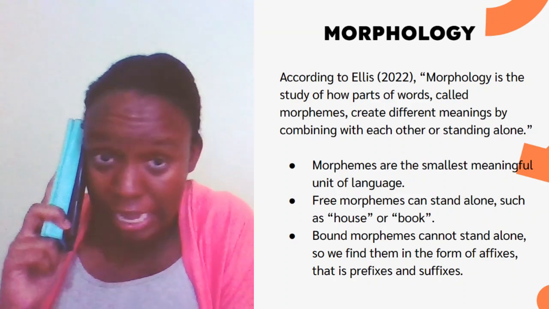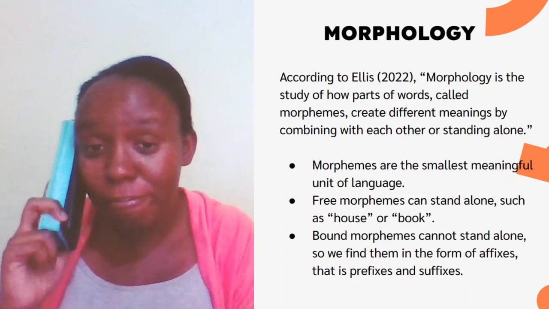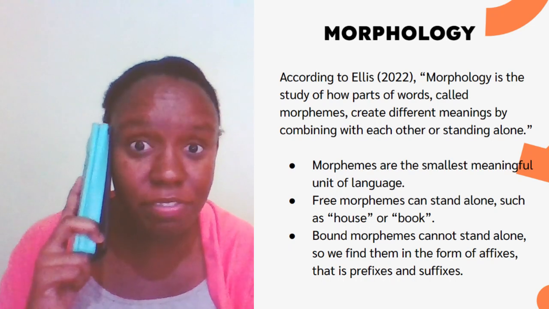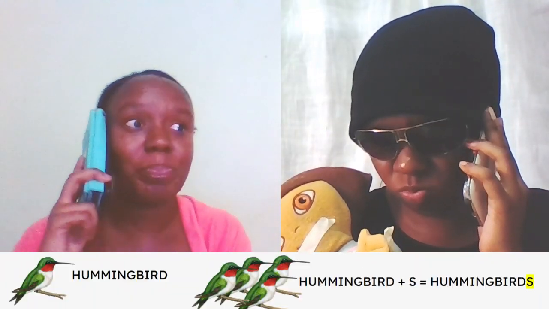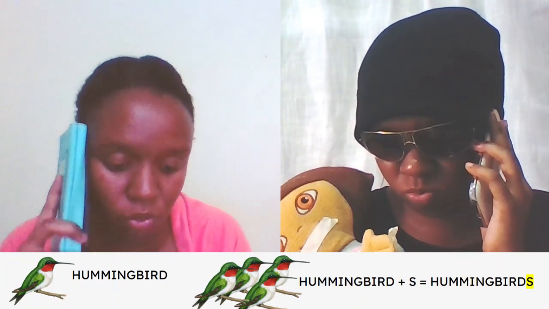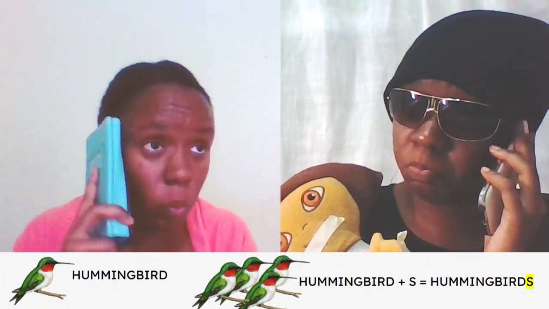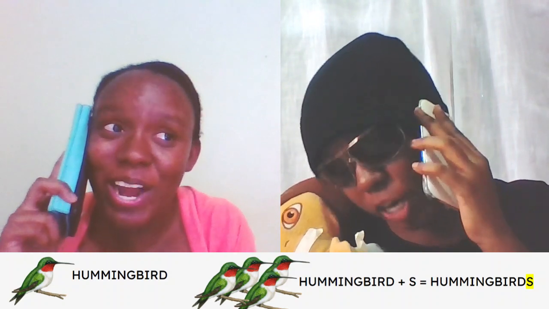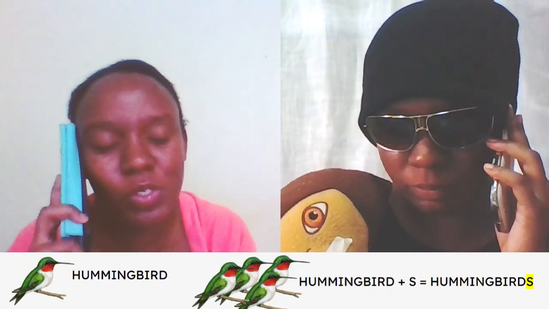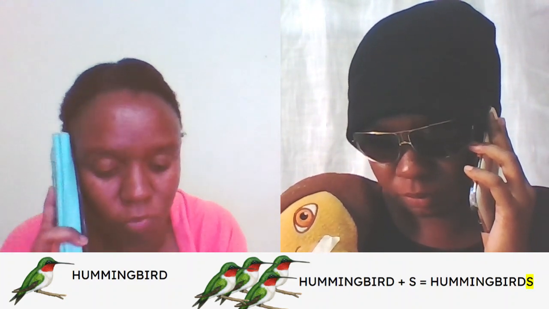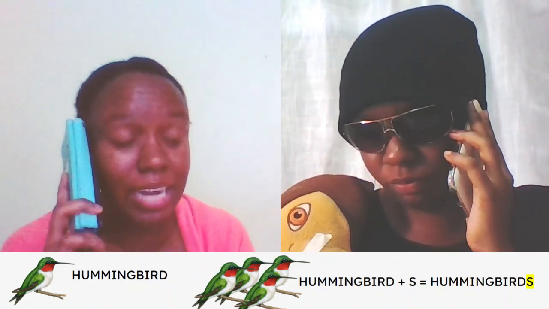Bound morphemes can't stand alone, so we find them in the forms of affixes like prefixes and suffixes. Right, for example, adding the suffix s to the word hummingbird. One hummingbird, many hummingbirds. The addition of the suffix s to the root word created another word, the plural form. And there are many examples that we could analyze.